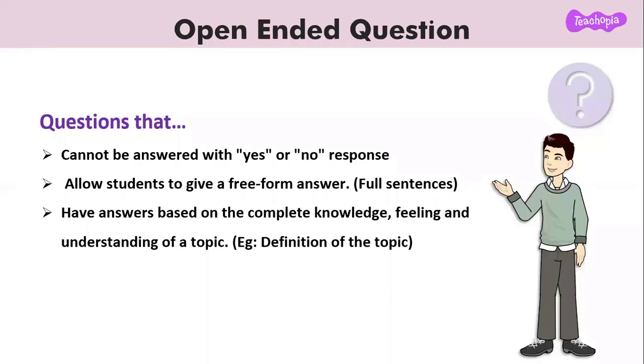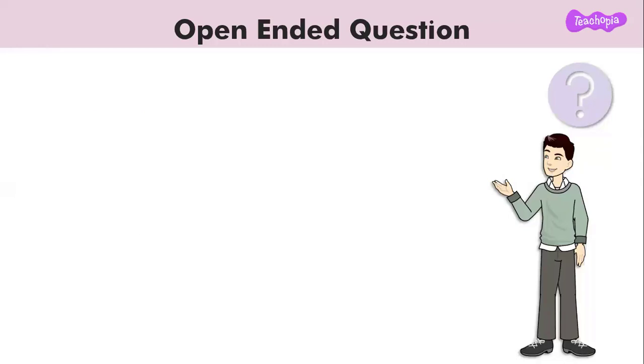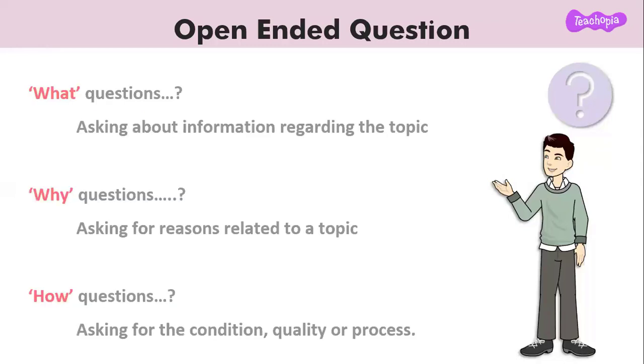So we need to know what kind of answers we want from the learners to be able to build questions. And towards that purpose, we need to know whether our question is open-ended or closed-ended. So let's see how question starters come into the picture for open-ended questions. If we use the question starter what, and we come up with what questions, what kind of specific answer do they give us?